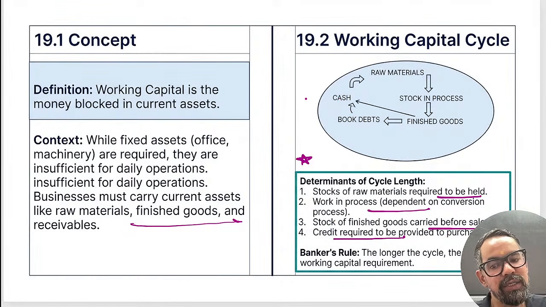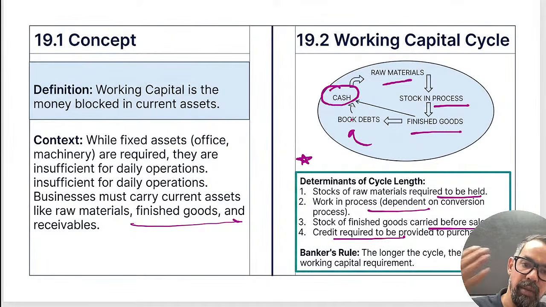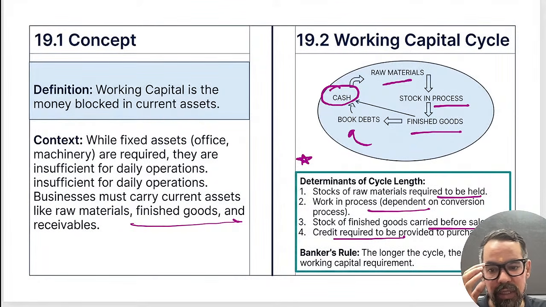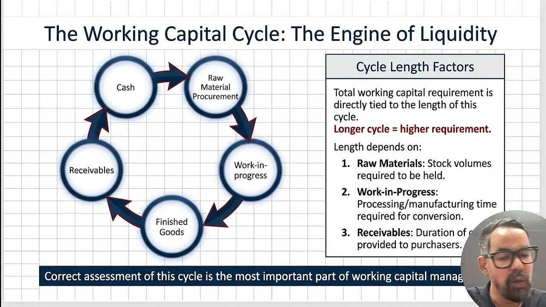So cash to cash cycle is basically like, let's say you have cash, we will purchase raw material, then it will be in work in progress, then finished goods, then we will sell them on credit, then after some time you will be receiving the money. There are some businesses where the working capital cycle is lengthy, but in some businesses, especially the utility businesses, the working cycle is on a lower side, right?